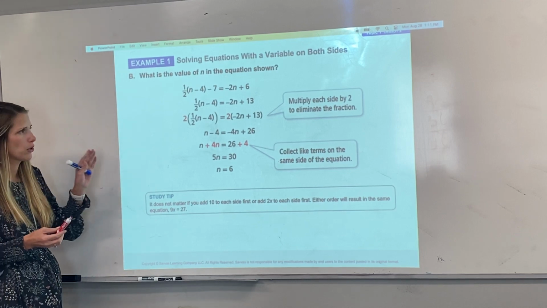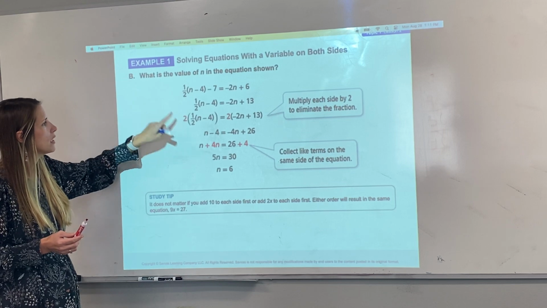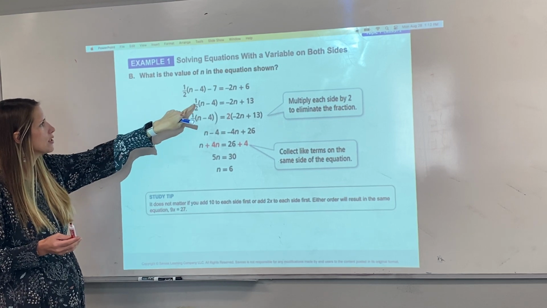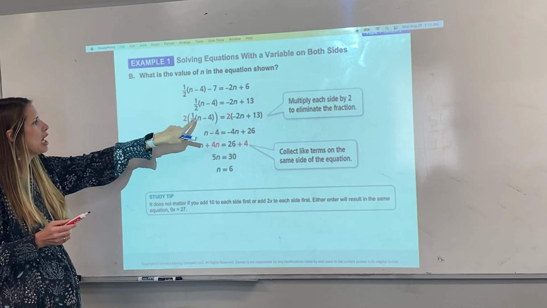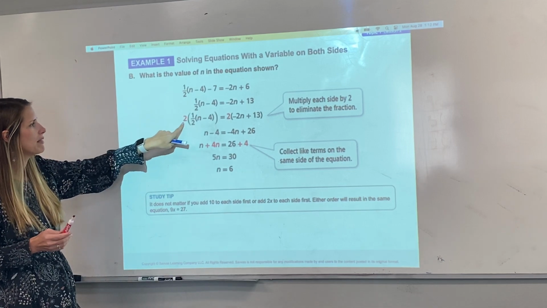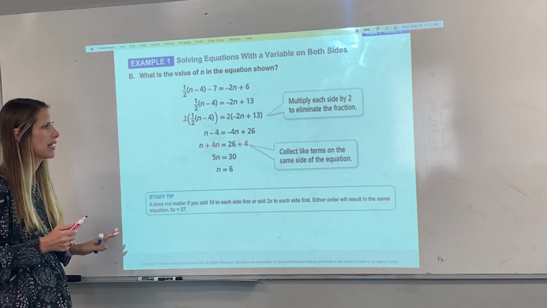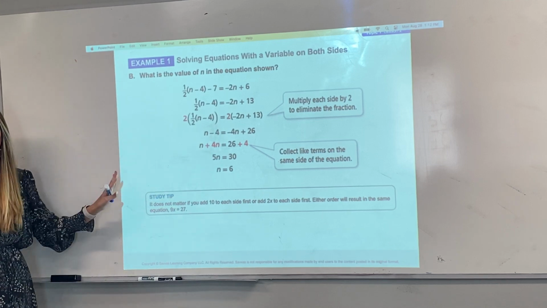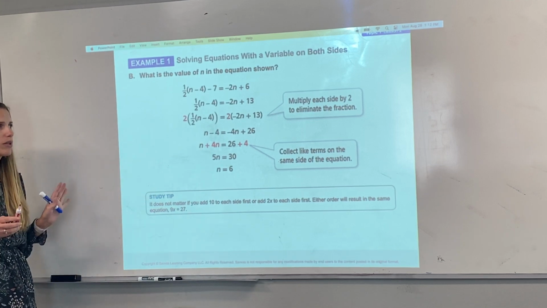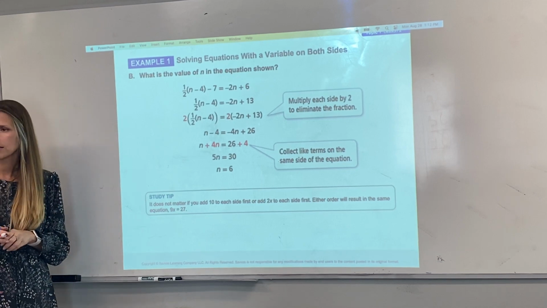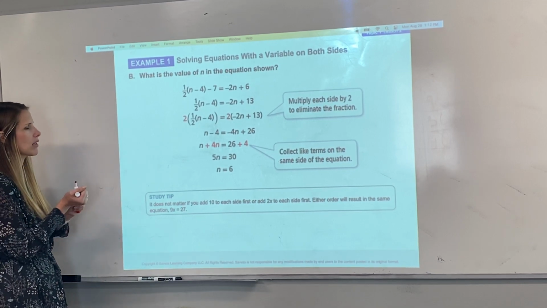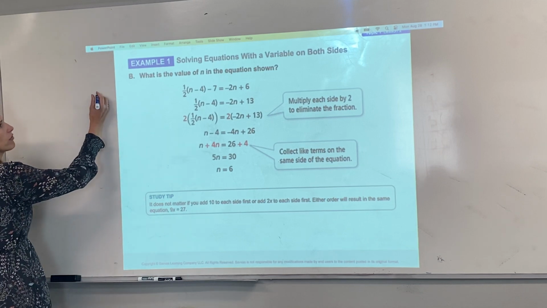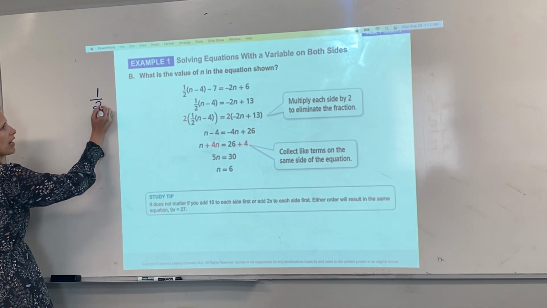The book chose to first take care of some terms here, we'll get to that in a second. But then they chose to get rid of the half by multiplying by 2 on both sides. I'm actually not gonna do that one right now. I wanna start with the method that I think is a little bit easier, that makes a little more sense, okay? So the first thing I'm gonna do is rewrite my problem, and I want you guys to be writing if I'm writing, okay?